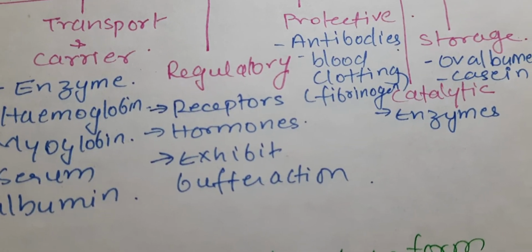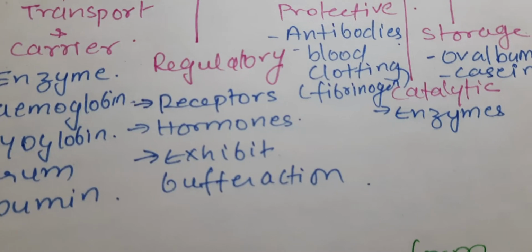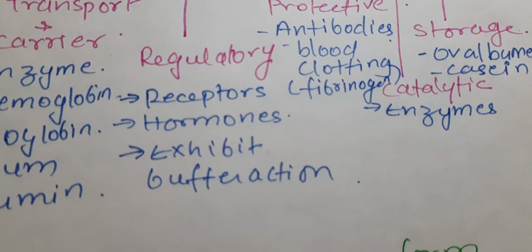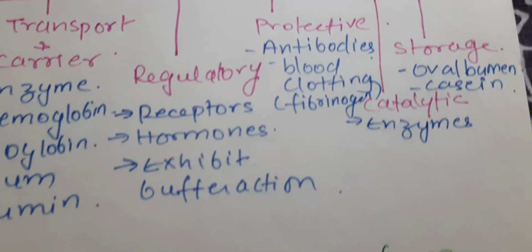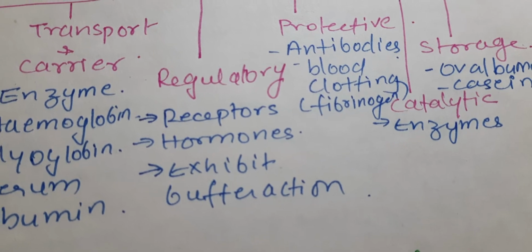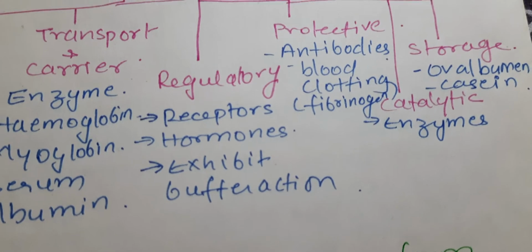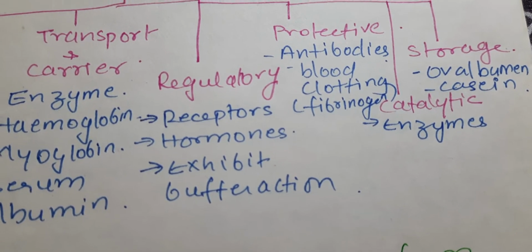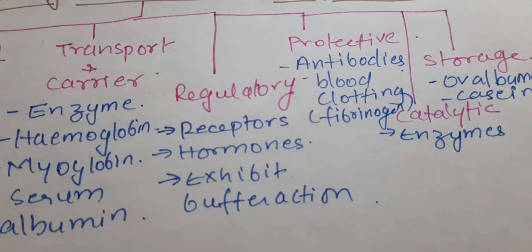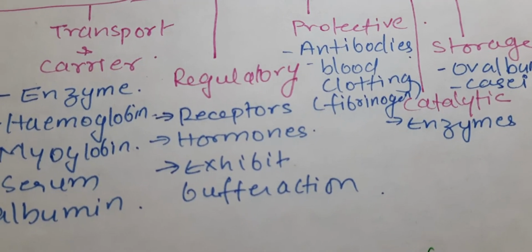Then there are some regulatory proteins, as we have seen in case of hormones, some of them act as a receptor. Even in the cell membrane there are receptors. Then hormones regulate the different systems of the body, different metabolic pathways, and they exhibit buffer action because they have cations and anions which can maintain the negative and positive charges in the cell and around the cell.